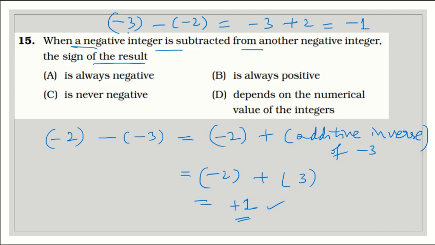So, it is not always negative, not always positive, and never negative; all these 3 are not correct. It depends on the numerical values of the integers. It depends on the minuend and subtrahend. Okay. So, the right option is D.